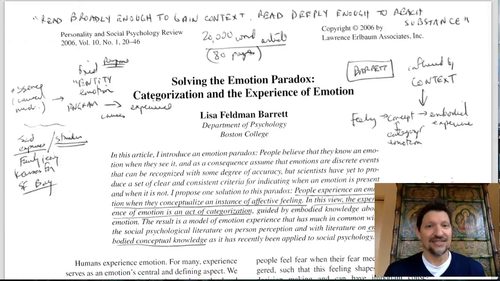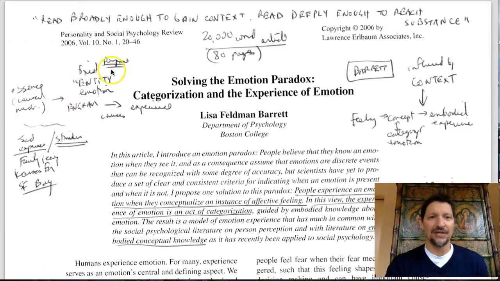And basically, I'm going to go to the punchline first, it really comes up with 2 very simple models of emotion, of what an emotion is. There's the past one, which she refers to as the entity model. It also talked about engrams. I'll talk a little bit about that. And then there's hers, which is more the constructivist, conceptual, or categorical understanding of emotion.